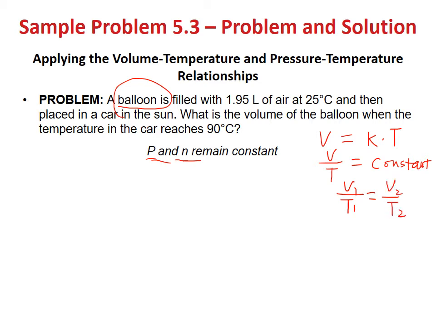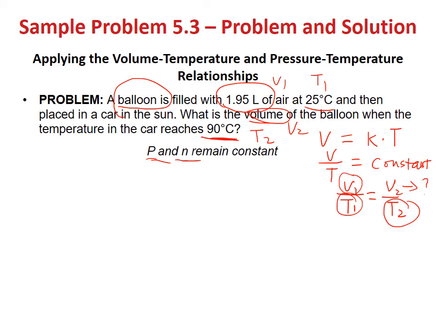In this case, this is the volume V1, and temperature is T1, and then you place it in the car, so temperature goes up. This becomes T2, and the question is, what is the new volume? That's V2. So we have V1, T1, T2, and we want to calculate V2. Using this equation, we can calculate V2.